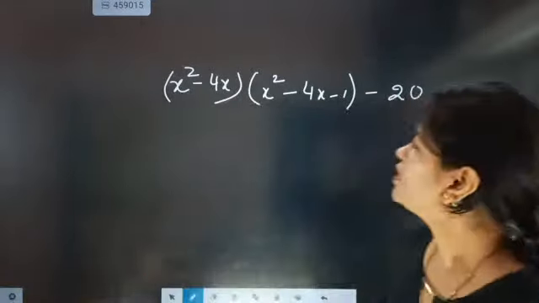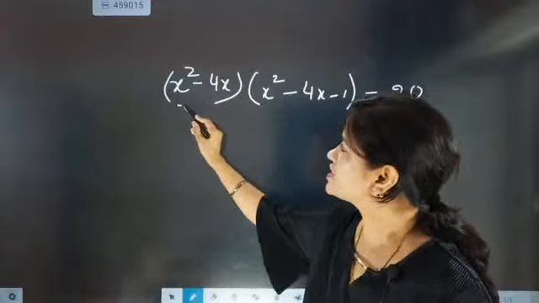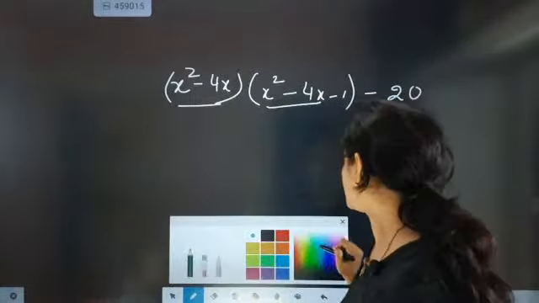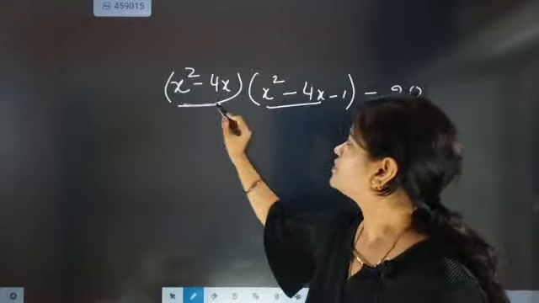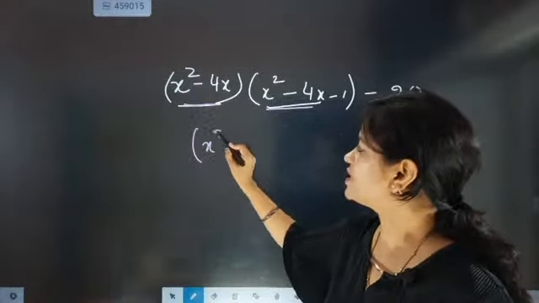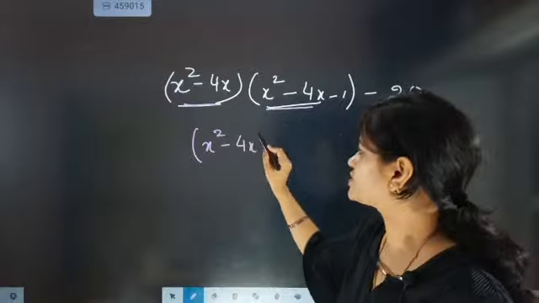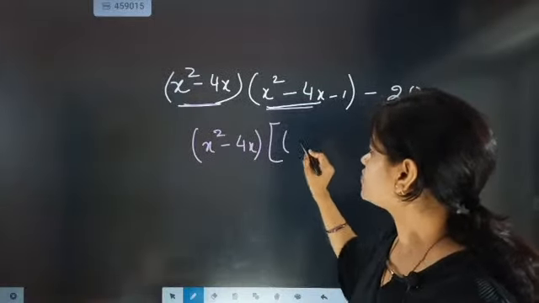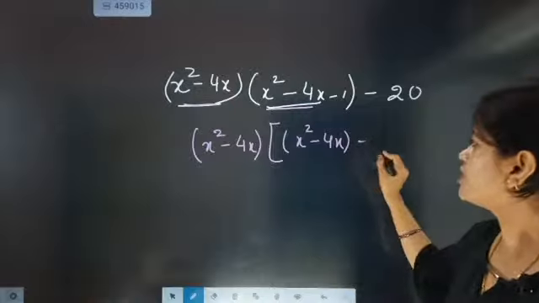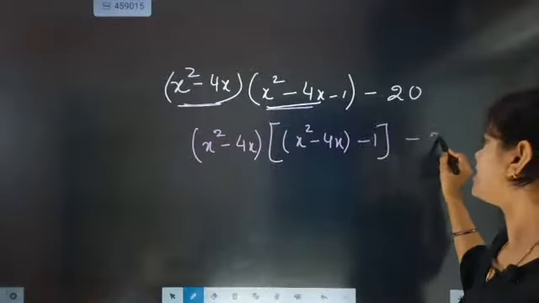Okay, please solve. Now look here, beta. First thing is that you see this one is the same and this one is also the same. Since these two are exactly the same, we are going to write it as x square minus 4x, keep this in a bracket: x square minus 4x minus 1 into x square minus 4x minus 20.